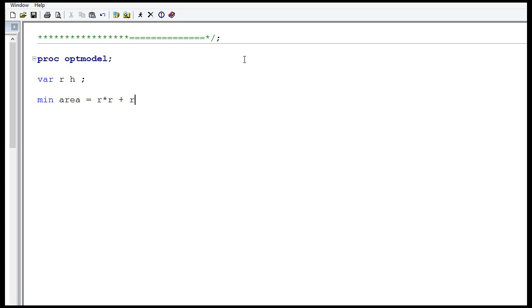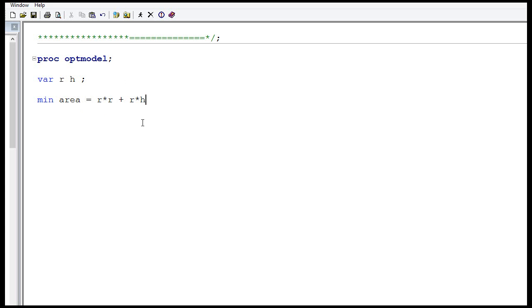plus r into h. So you might wonder why I have omitted 2. The surface area is 2 pi r square and 2 pi r h, right? So why have I omitted 2 pi from both the terms?